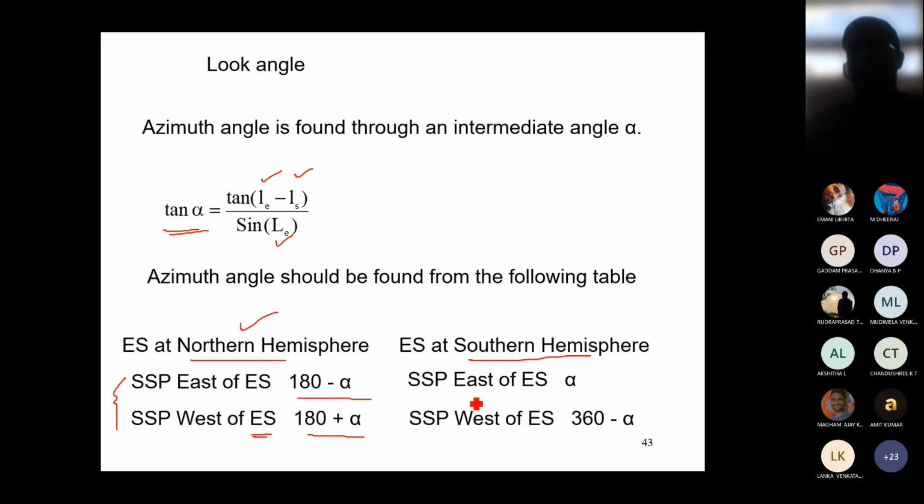The same thing if it is in the southern hemisphere: you have to verify these two conditions from the latitude and longitude of the Earth station and sub-satellite point. Here the values are different.